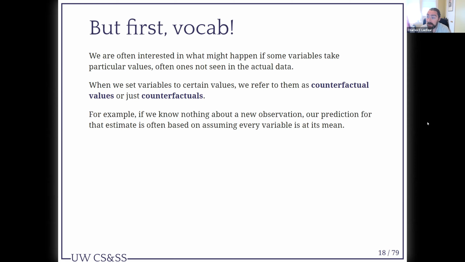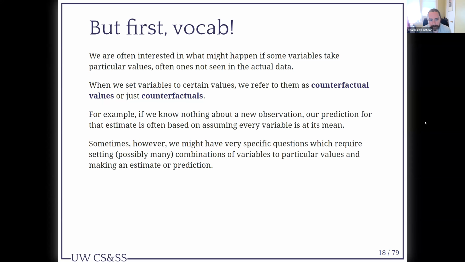So counterfactually speaking, let's set every variable to its mean and then see what the predicted value would be. It may very well be the case that in a data set, there's no observation that sits at the mean for every variable, or even near the mean for every variable at the same time. But it's still useful for describing an average trend in the data.